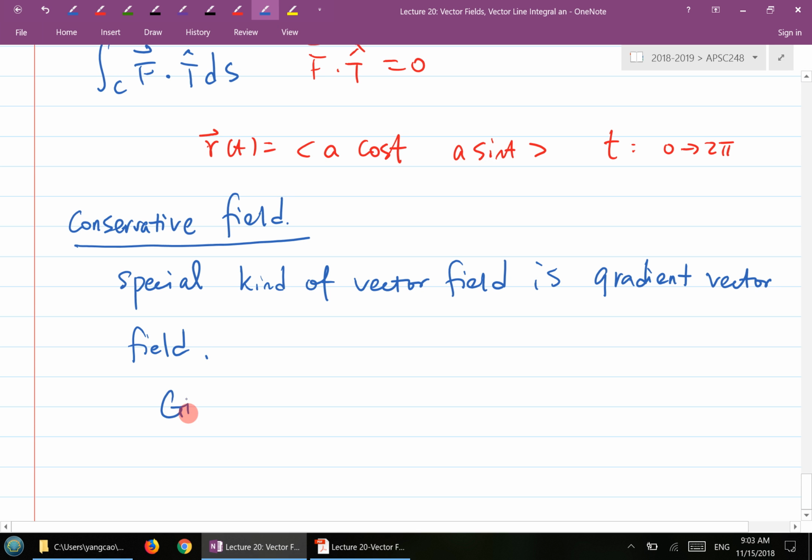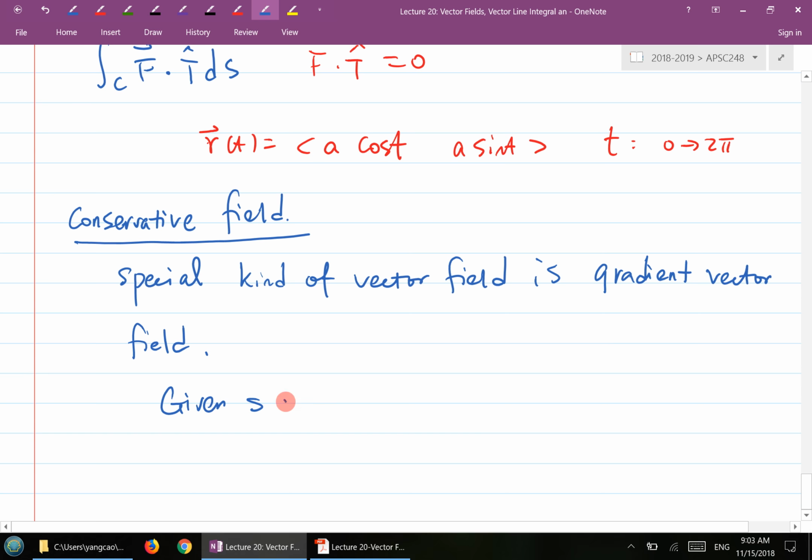Basically, if you're given any scalar function f, it could be a 2D function f, it could be a 3D function f, or in 4D, whatever, you can always calculate this del f. If you have this scalar function given, you can calculate its gradient vector del f. And this del f itself creates a field.